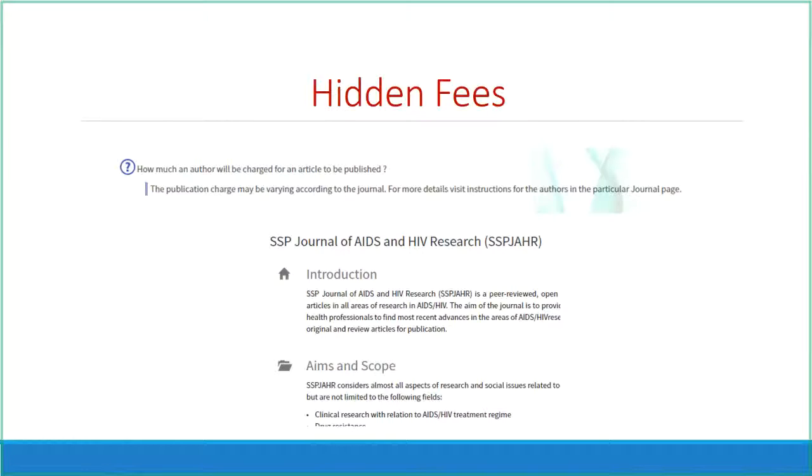The charge may vary according to the journal. For more details, visit instructions for the authors on the journal page. Here I have a screenshot of the lack of information on the instructions for the authors on that journal page. It does not say anywhere on the page how much you're going to be paying. So don't publish anywhere where they're going to surprise you with how much you're actually paying.